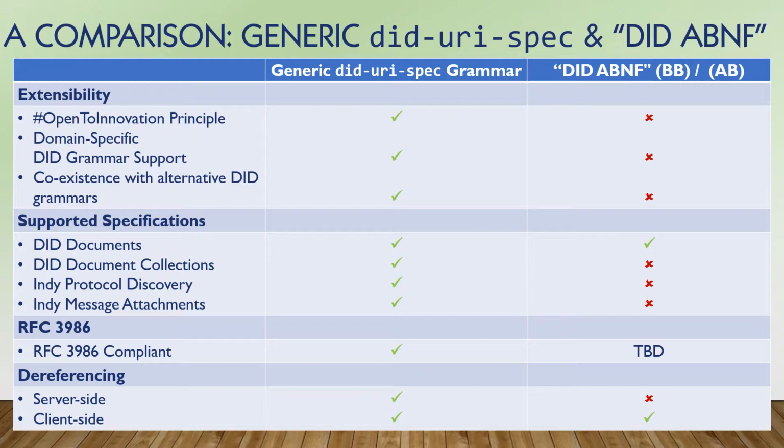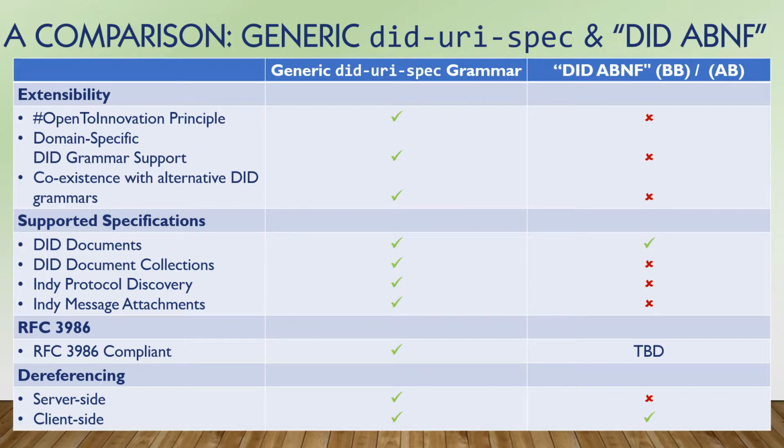So from an extensibility perspective, previous did-uri-spec webcasts have talked a lot about the open to innovation principle. The principle that internet specifications, internet standards need to be open to innovation. Innovations that might succeed, innovations that might fail, TCP/IP and TCP/IP packets being the canonical example.